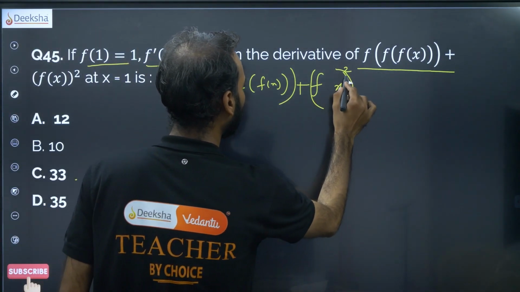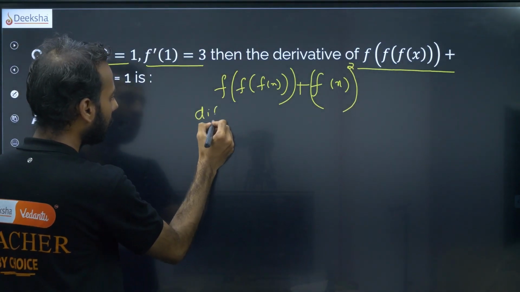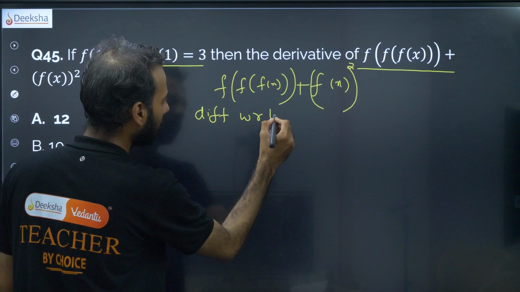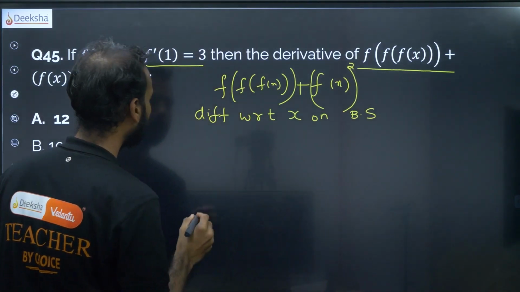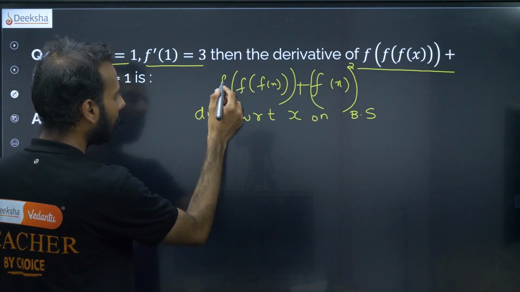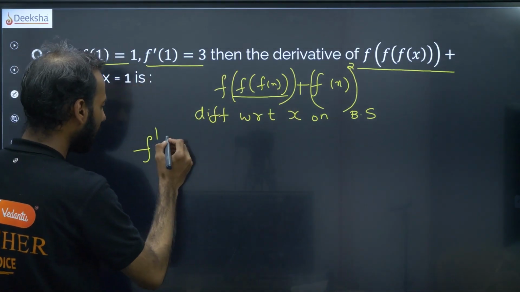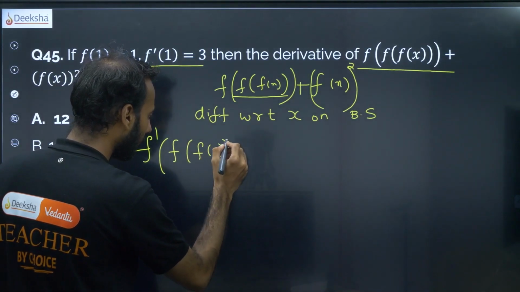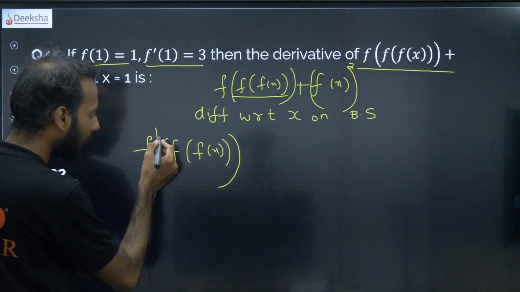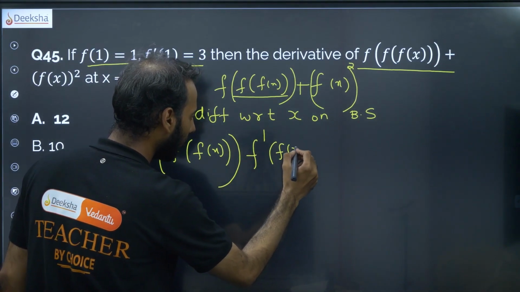In the exam, you don't have to write all this, but now differentiate with respect to x on both sides. If I differentiate, f dash, remaining function as it is, f of x. Further, now this first function is differentiated inside, f dash of f of x.